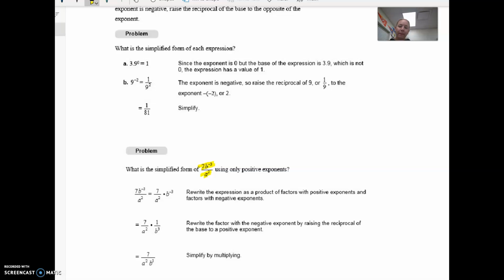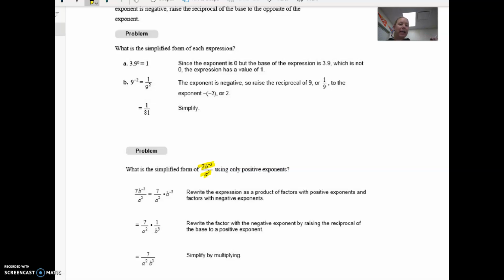So, think of this in steps. The first step is to split the problem apart, putting that negative part to the side. So the 7 over a squared, we would leave that, and then we would break apart the b to the negative third, because that's the piece that we're going to have to take the reciprocal of.